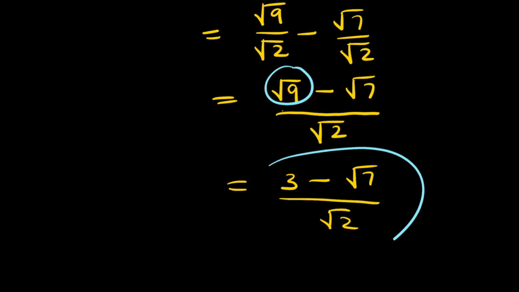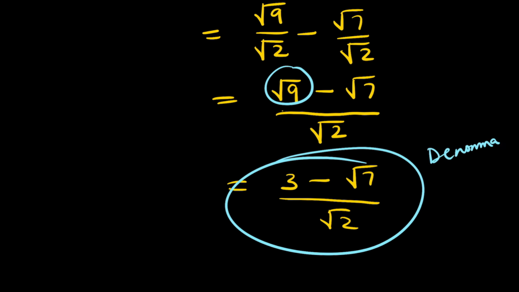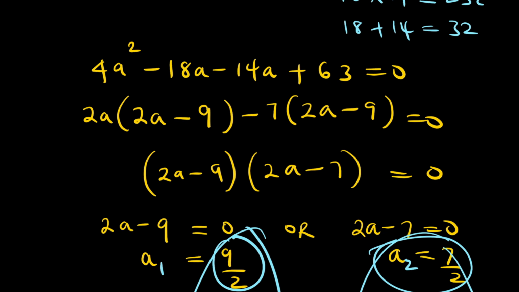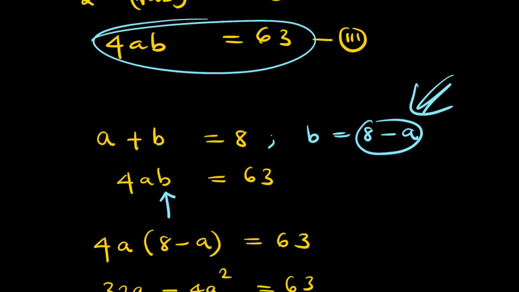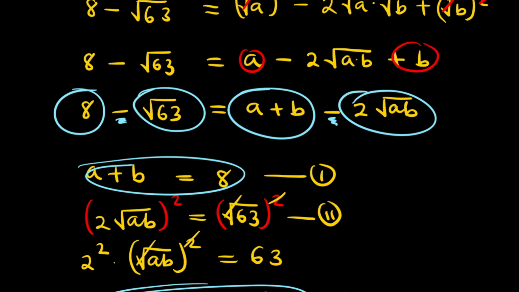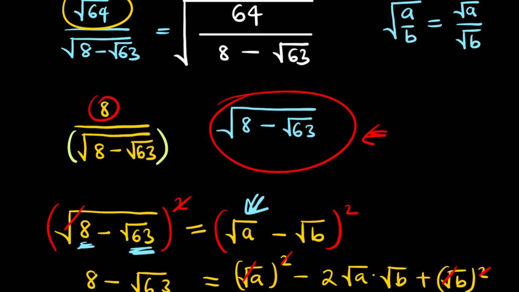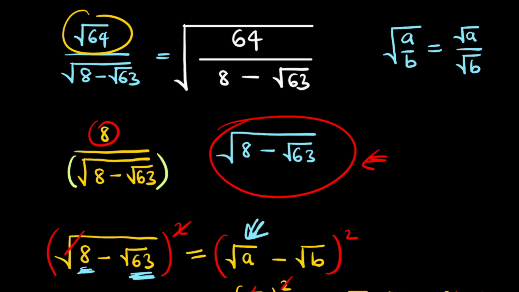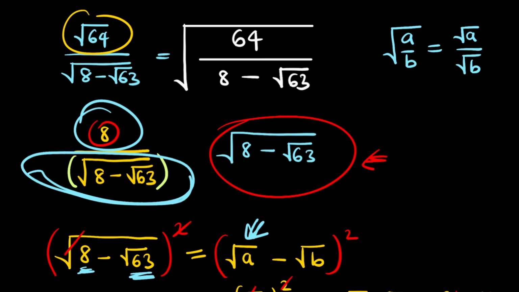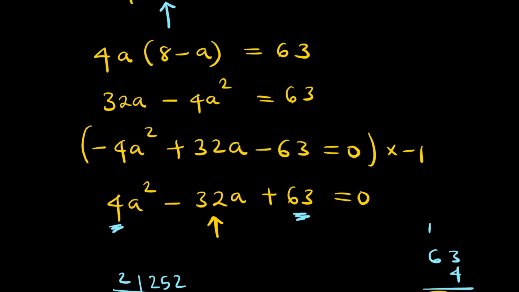So remember where we are coming from. This is just the denominator. And we got square root of 64 for the numerator, which we did here. Square root of 64 is 8. So we now have to divide 8. All of this denominator now is what we just got. So we are now going to say 8 divided by all of what we just got.